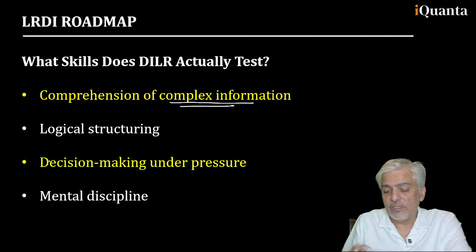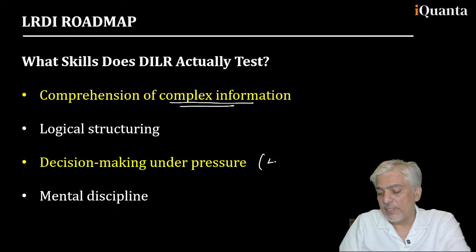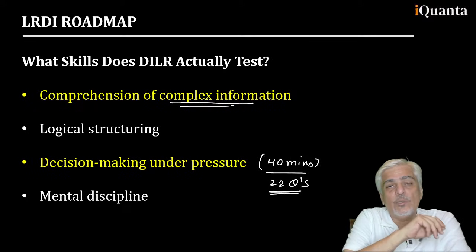Obviously, because of the limited time in the exam, you have 40 minutes. We all know per section you have 40 minutes and you have to answer roughly 22 questions. Whether you need to answer 22 or not is a different thing. You need to have that decision making under pressure. Are you making good decisions under pressure?